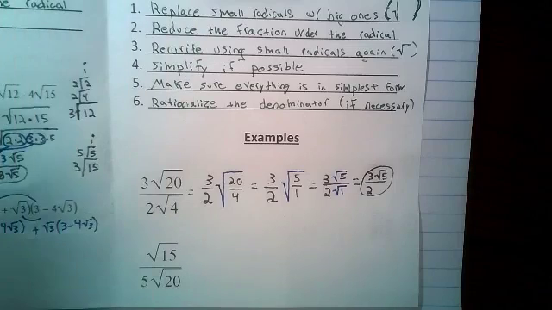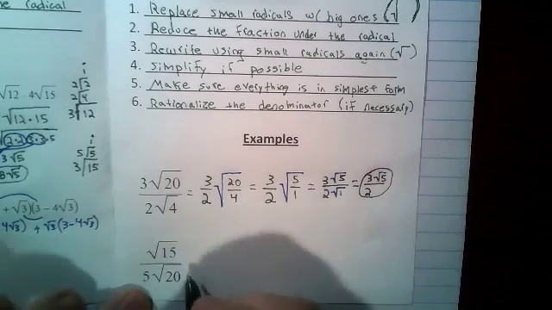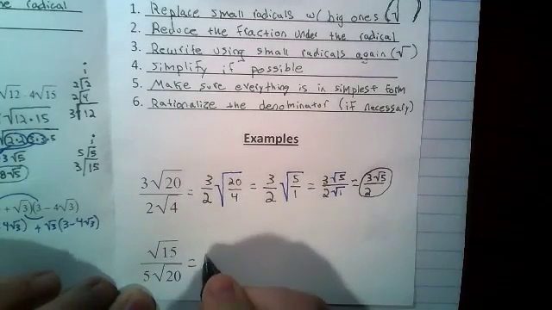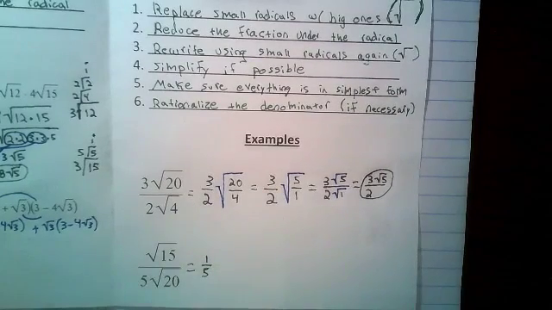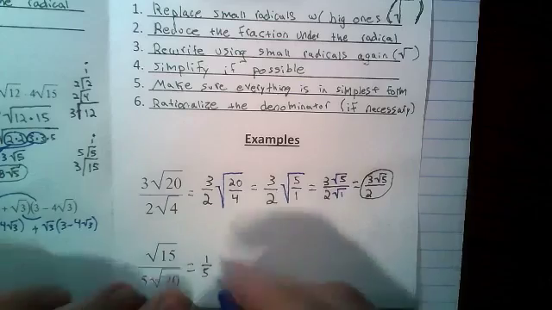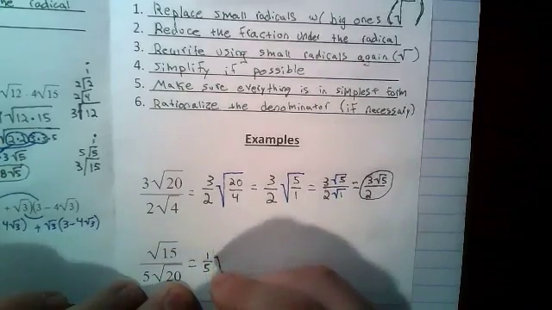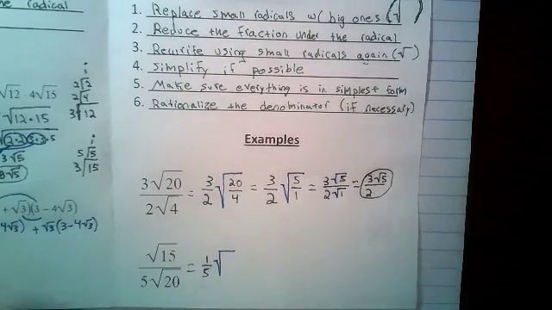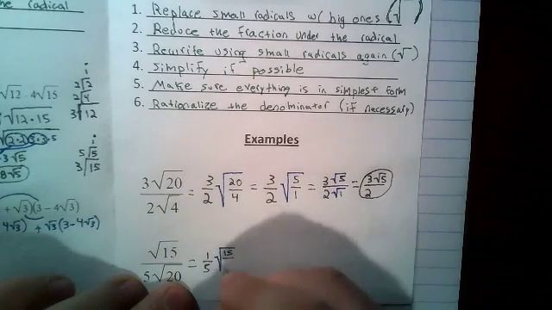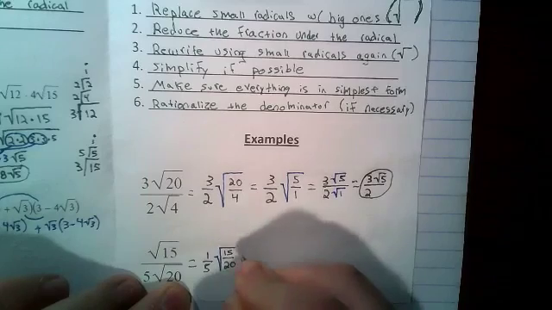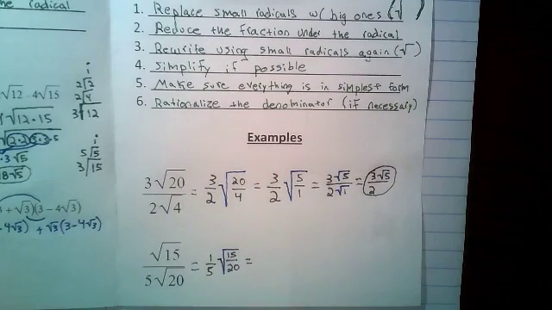For my next example, I'm going to follow the same steps. I've got the square root of 15 divided by 5 square root 20, and so I'm going to write that. Step 1, rewrite with a big radical symbol. So inside my big radical is 15 over 20. Then I want to reduce the 15 and the 20.